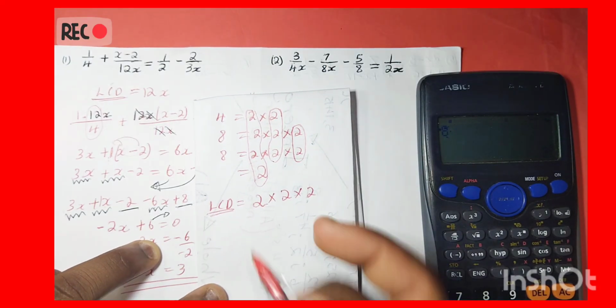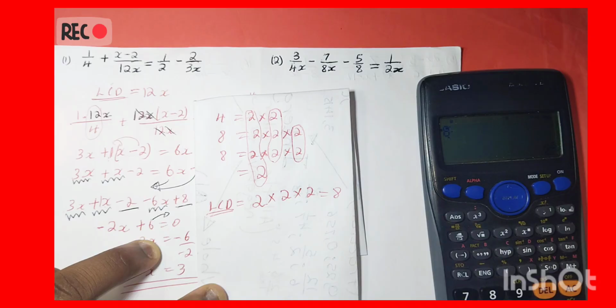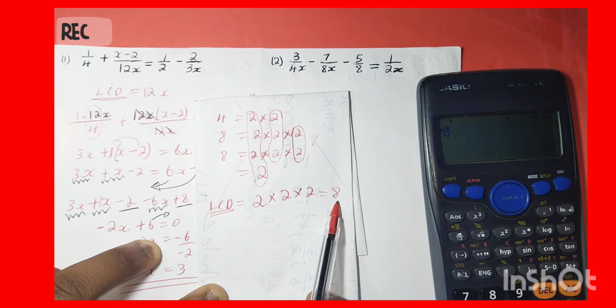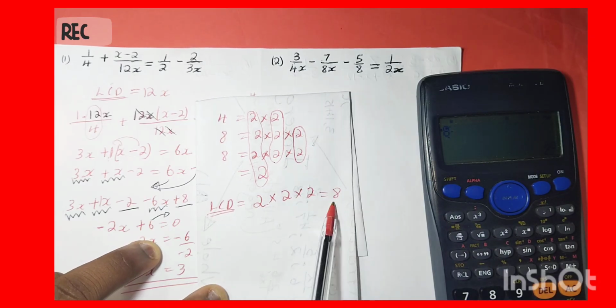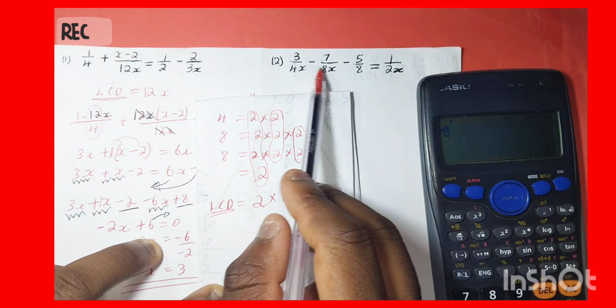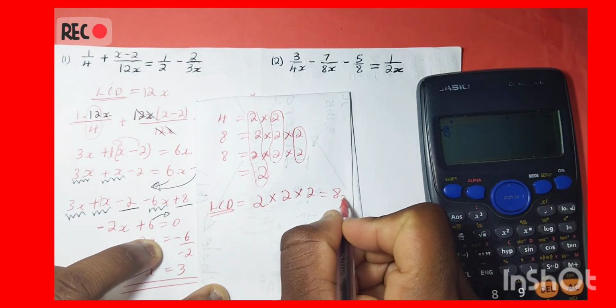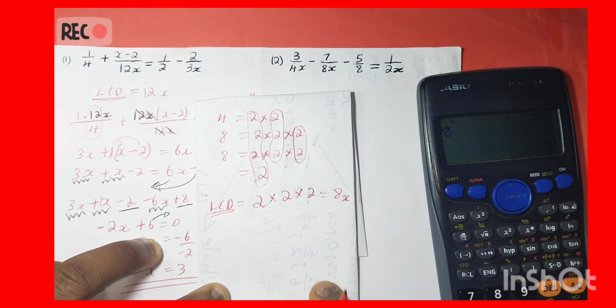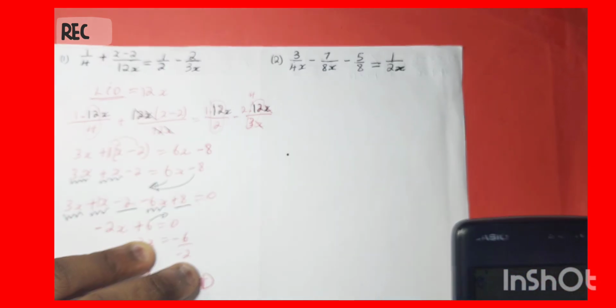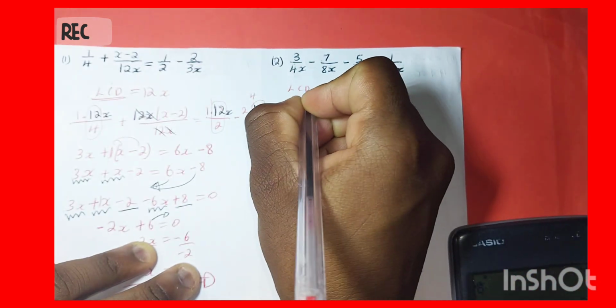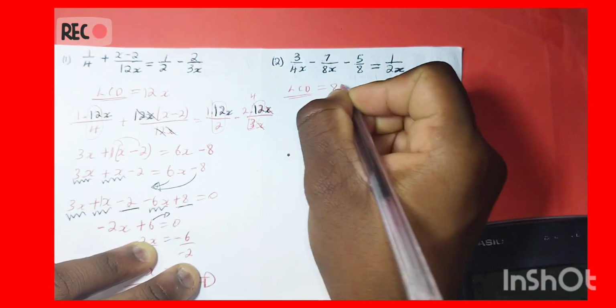Do you see? So it means that your LCD, the lowest common denominator, will be 8. Then because those x's are repeating, we can count them once. Meaning now I can say my LCD will become 8x.